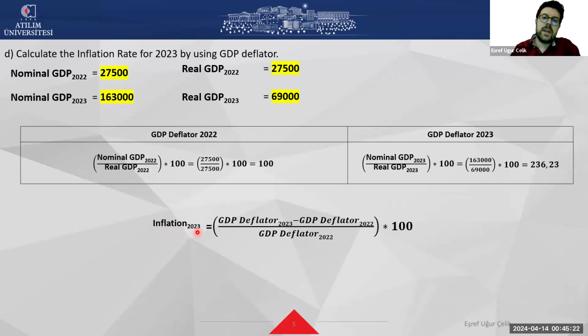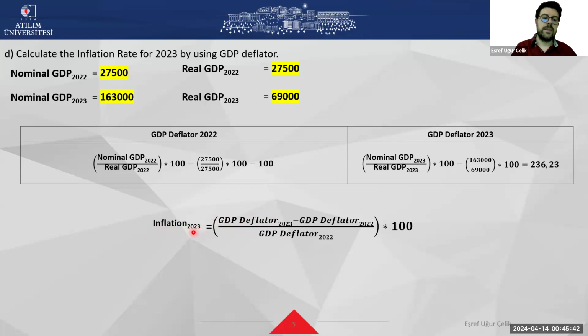In growth rate, what can we use? The percentage change formula by using the real GDP. The same mechanism, but this time when I ask the inflation rate, we can use the GDP deflator. But the mechanism is the same, percentage change formula.